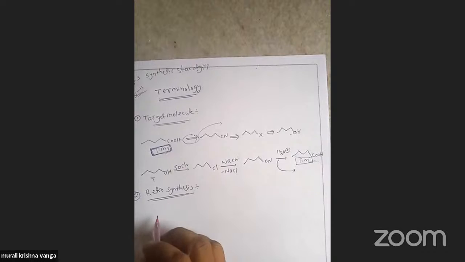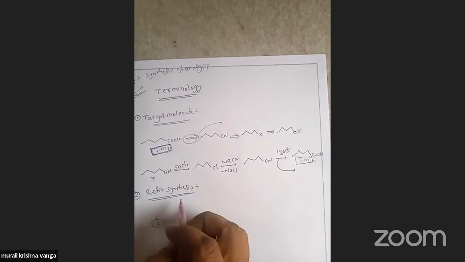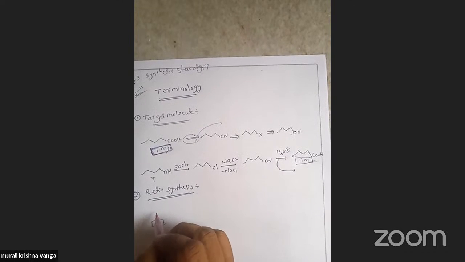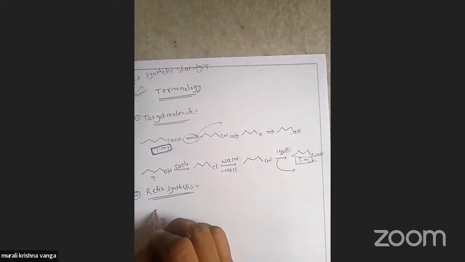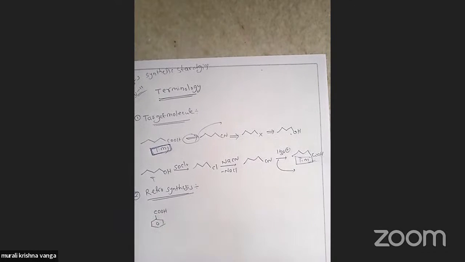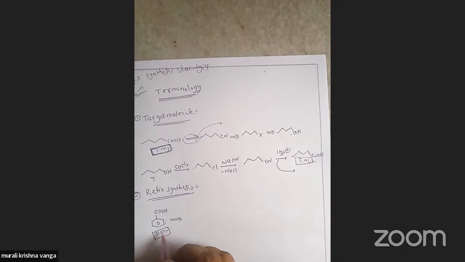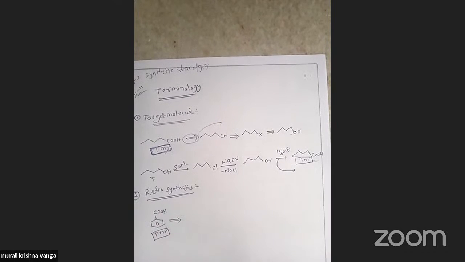Simply, take benzoic acid, a carboxylic acid. It is a target molecule; we are choosing this molecule in the disconnection, retrosynthetic analysis.